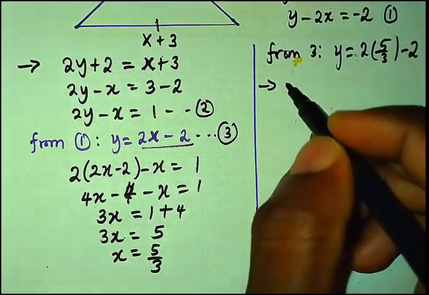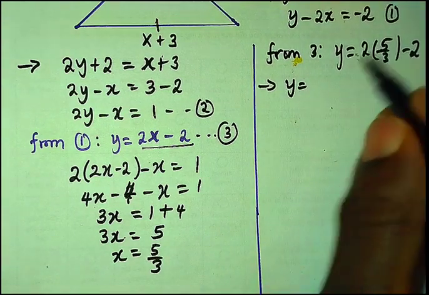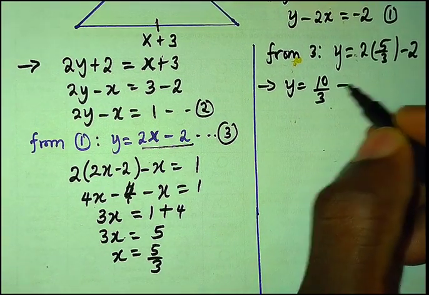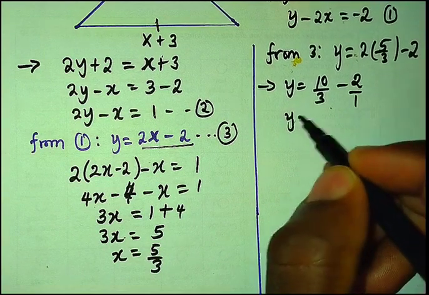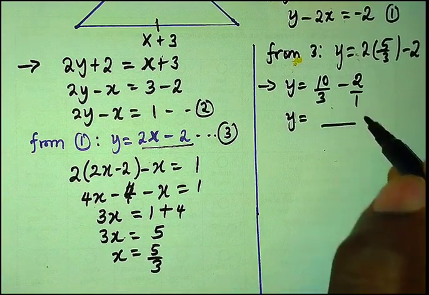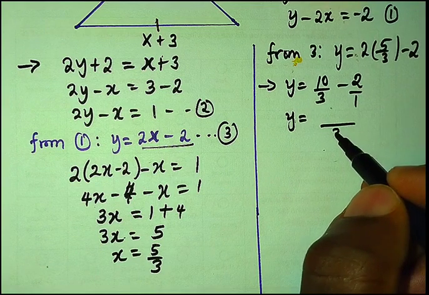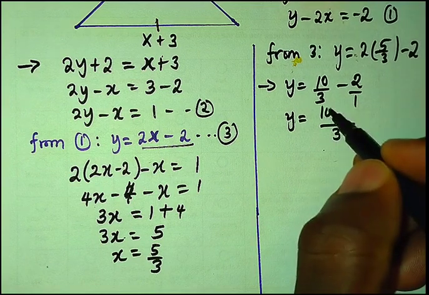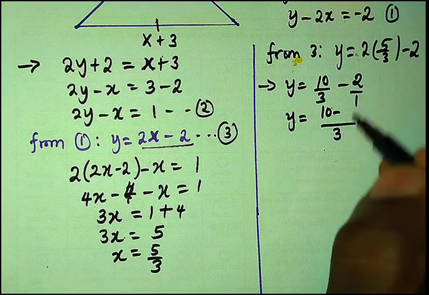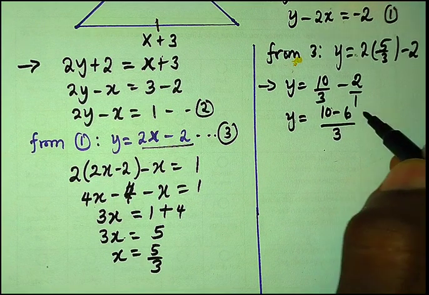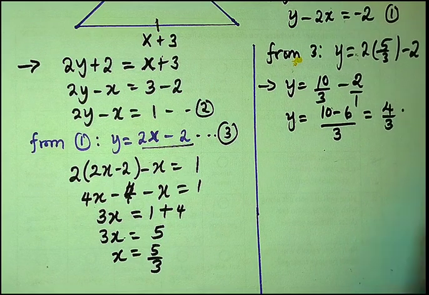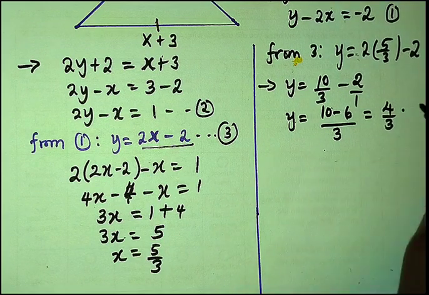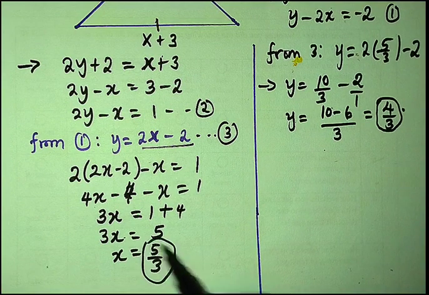So we have y equals 2 times this, 10 over 3 minus 2. So let's write this like this. We try to take the LCM. 3 in 3, 1, we have 10, minus 1 in 3, we have 3, 3 times 2, we have 6. Therefore, we have 10 minus 6, which is 4 over 3. So therefore, we have y to be 4 over 3, and we have x to be 5 over 3.